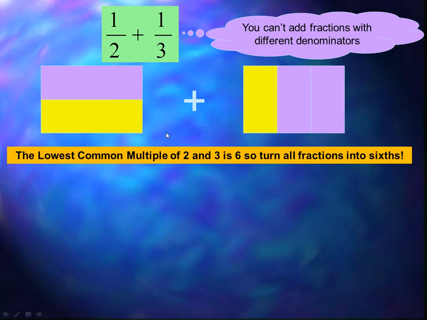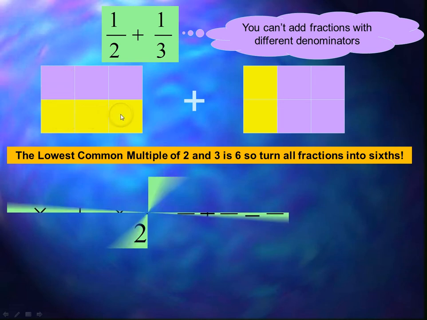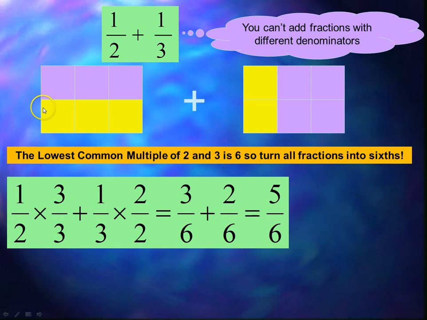So we need to turn all fractions into sixths. And here come our lines dividing up the fractions into sixths. You can see here now that we have 3/6, and we have 2/6 for 1/3.